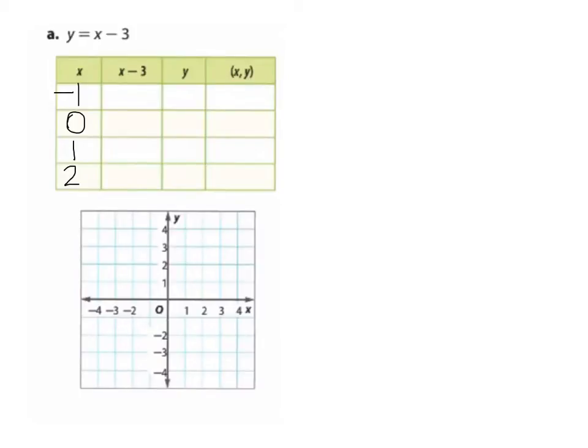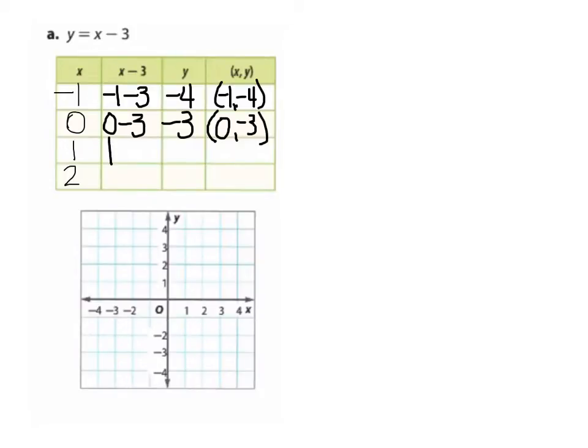Inputting those, we have x is -1, minus 3. -1 minus 3 gives us a y value of -4. Our ordered pair is going to be (-1, -4). Next one, inputting our information, 0 minus 3. 0 minus 3 gives us -3. Ordered pair is going to be (0, -3).